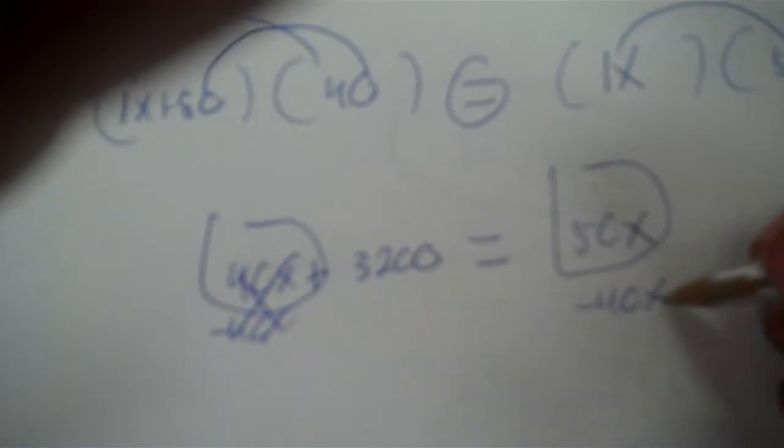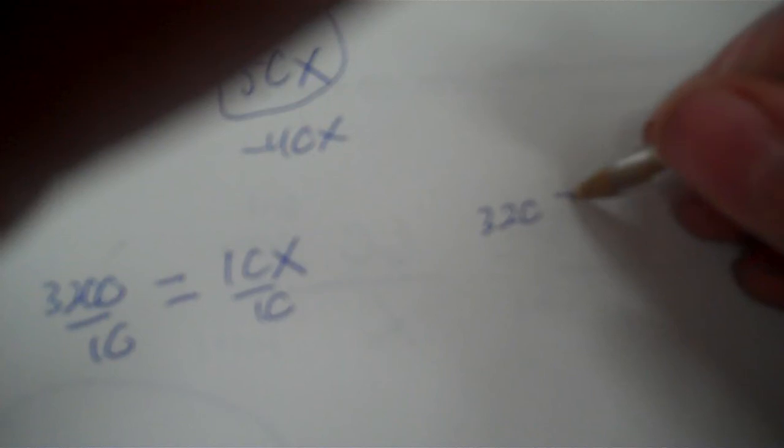Okay, so on opposite sides, let's pick the 40x, get rid of him. So 10 times x, and then 3,200, and then divide by 10. So 320 equals X. So one of the miles is 320. To get the other one, you just add 80 onto it. So 400.